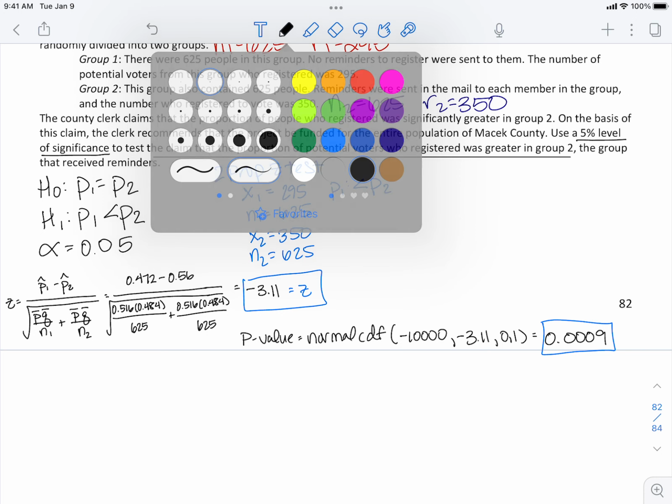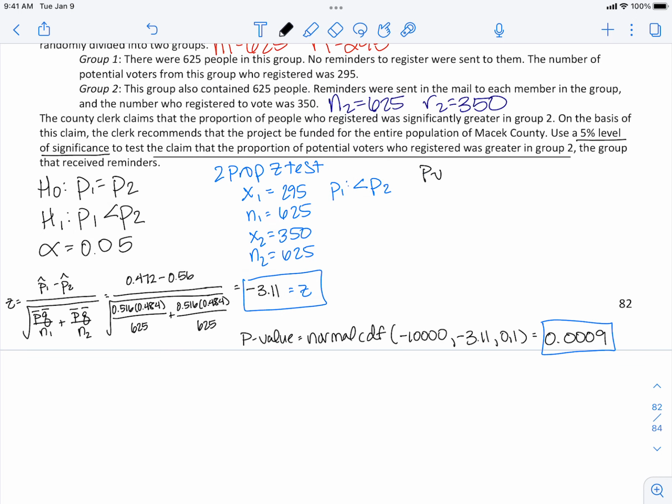Okay, last step is to compare this to alpha. So our p-value is 0.0009 compared to alpha, which is 0.05. Our p-value is less than or equal to alpha, which means we reject the null hypothesis.